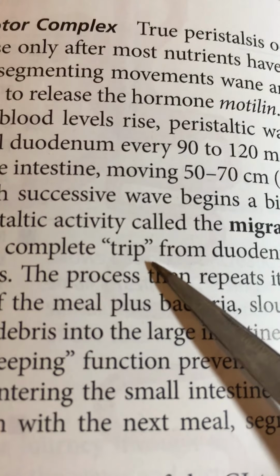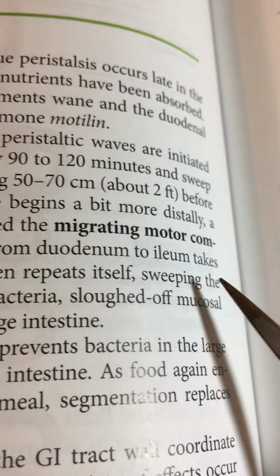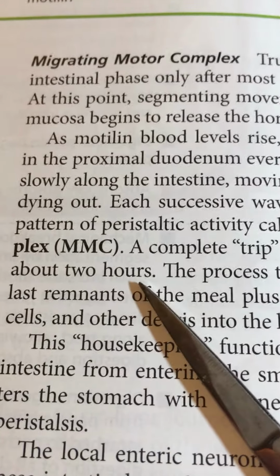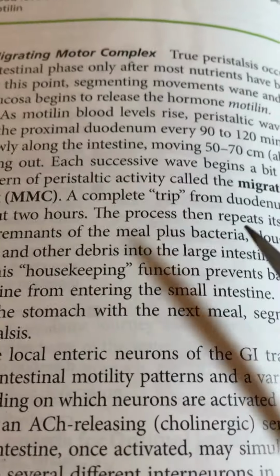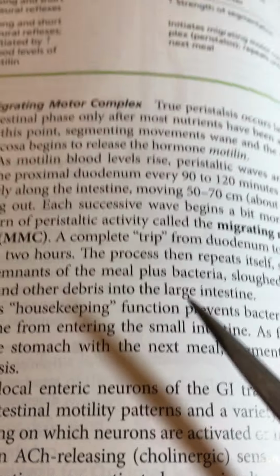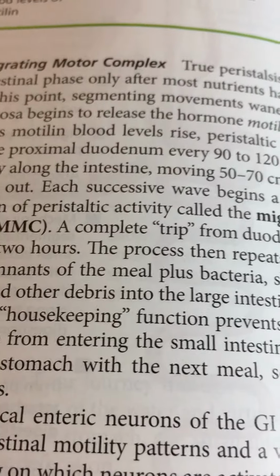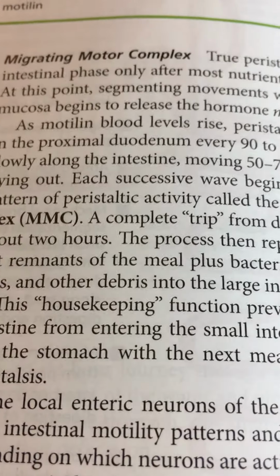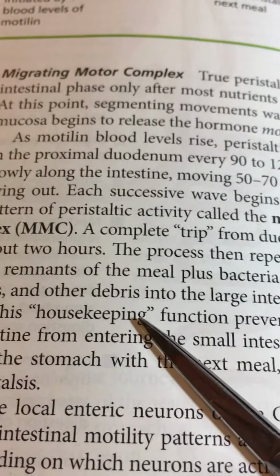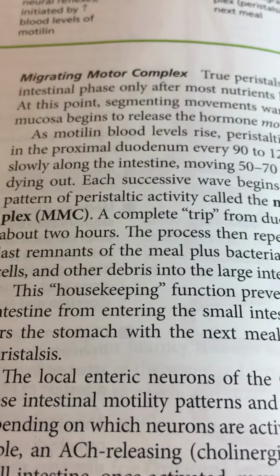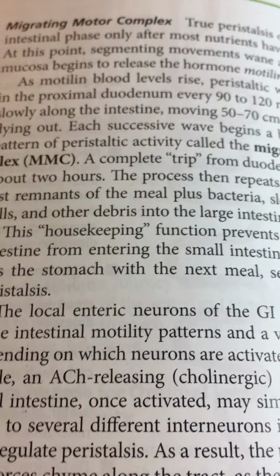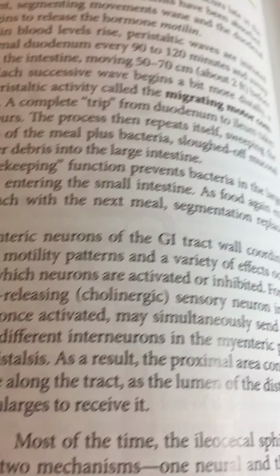It's a complete trip from the duodenum to the ileum. It is going to take about 2 hours, sometimes as little as 90 minutes. Generally, you could say safely 2 hours for a single wave to move in that respect. This is a housekeeping function, and it's something that is on all of the time. That's the sense of that word.